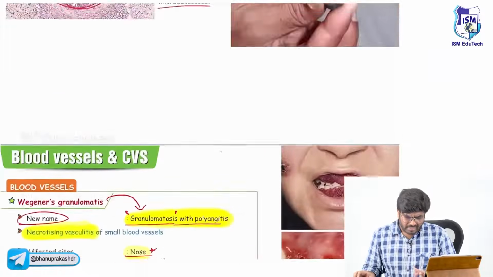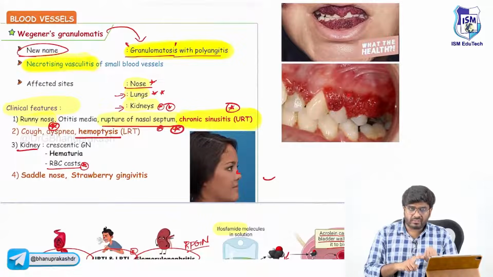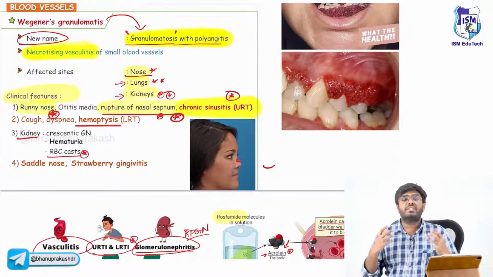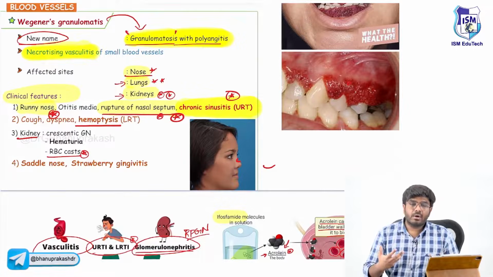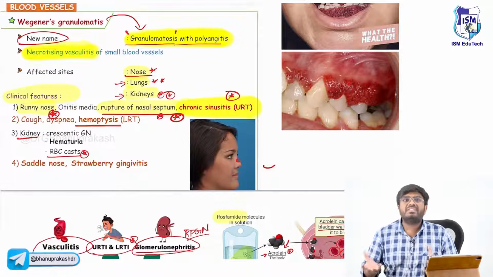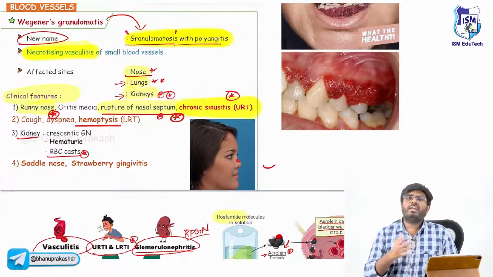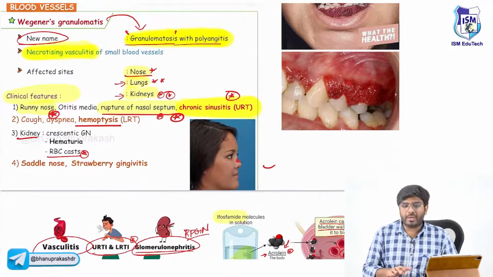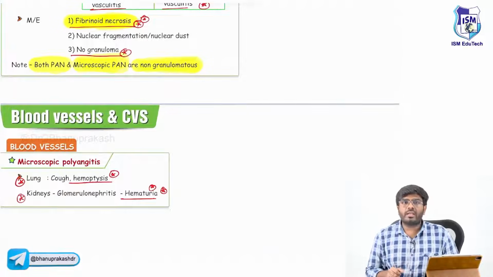In Wegener's granulomatosis, they will give you saddle-nose deformity, strawberry gingivitis, chronic sinusitis, or cough. They can say there is presence of C-ANCA in the blood. So differentiate based on the other features, because in both conditions hemoptysis and hematuria are seen.